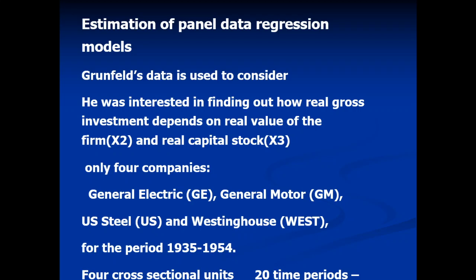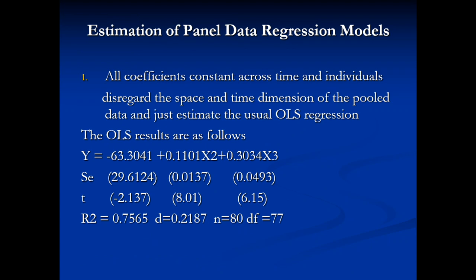I is 4, the four cases: General Electric, General Motors, US Steel and Westinghouse. So you have 4 cases and 20 time points. That's the best example of a panel data, and using this he was trying to find out how real gross investment depends upon the real value of the firm and real capital stock.